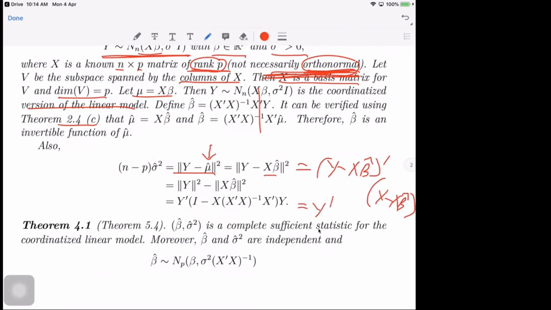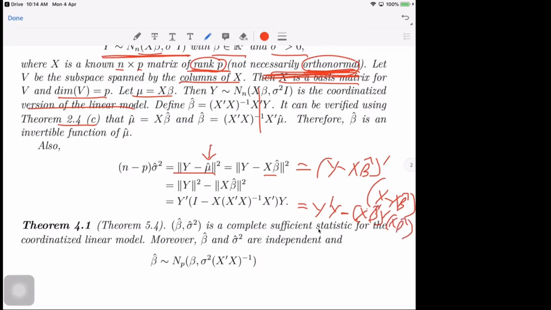You will obtain Y prime Y, and X beta hat prime minus X beta hat prime and X beta hat.